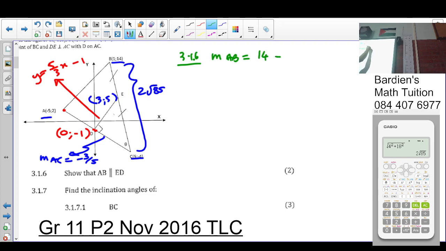So it's 14 minus 2 over 1 minus 5. That gives me 12 over 6. Is that correct? 12 over 6, which is 2. So this is actually not parallel. Not so? Just go to the memo. What did I write in the memo?